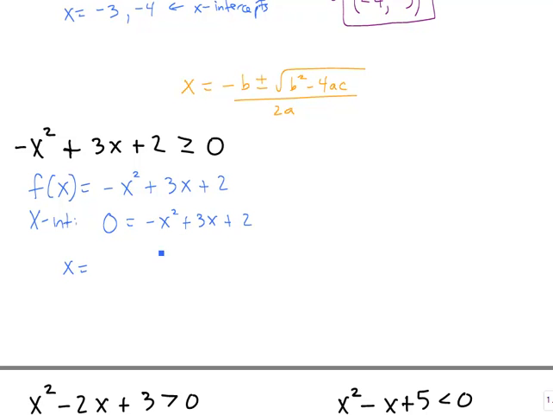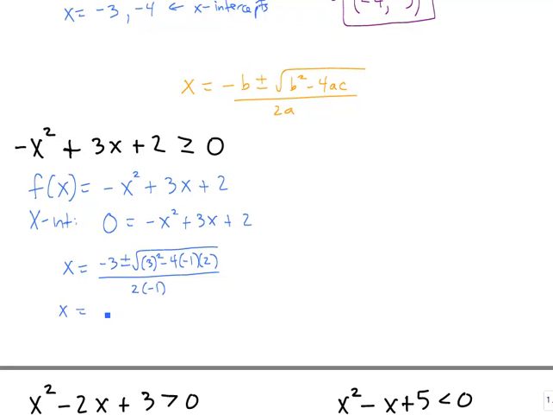So x equals -b. b here is the 3, so I want -3, plus or minus the square root of b squared, so 3 squared, minus 4 times a, which is -1, times c, which is 2, all over 2 times a, which was -1.